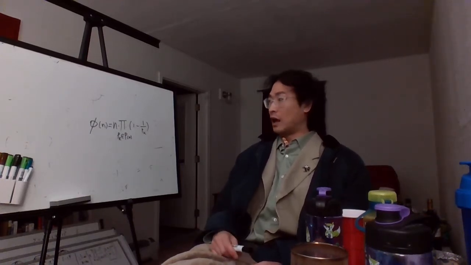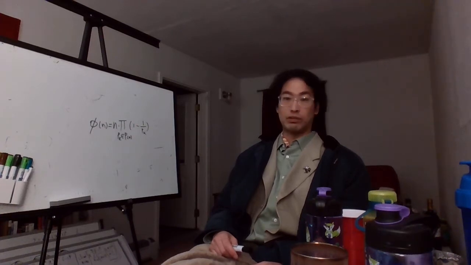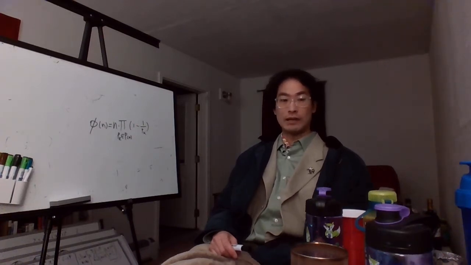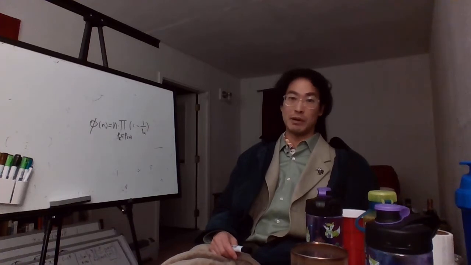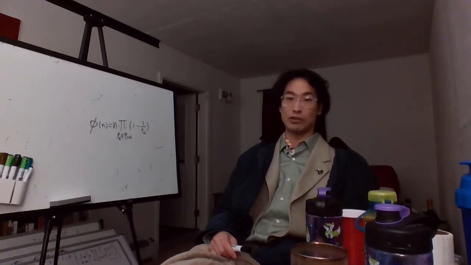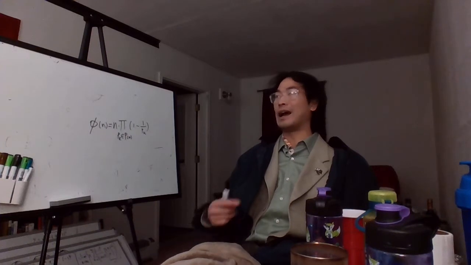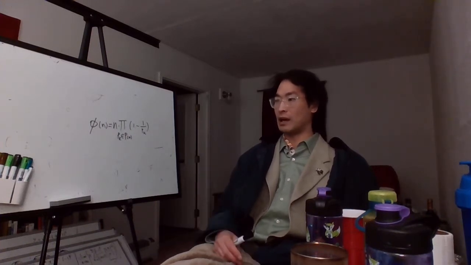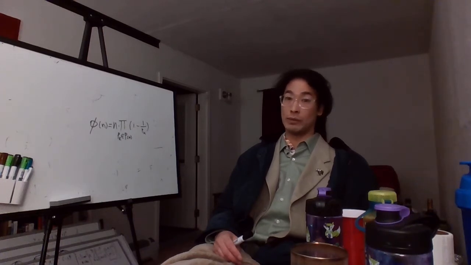I did look at that proof, and also I did look at Chinese remainder theorem. It's too involved, and I didn't spend too much time trying to understand what they're doing. If I spend more time, I can understand that.